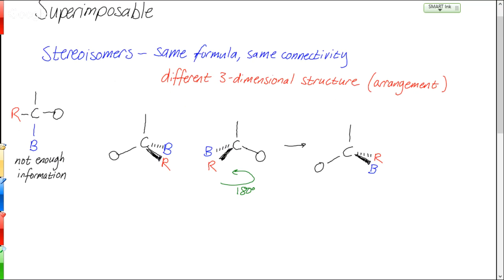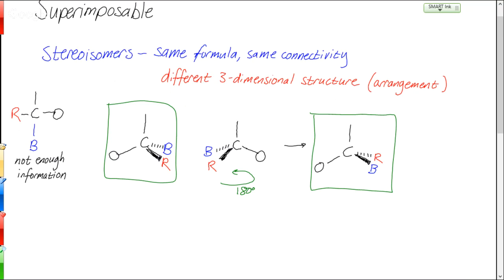All right. So now, if we look at this one and this one, we can see that they're actually switched. While two of the things connected are in the same place, the other two are definitely switched. And we have a special name for those.